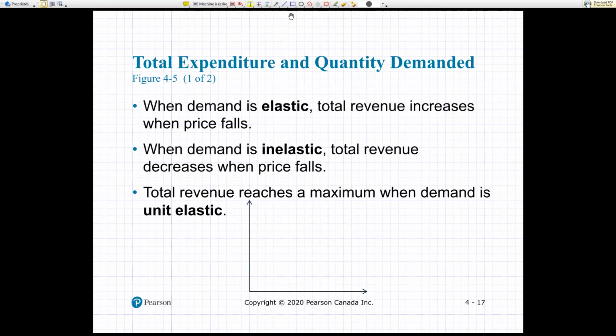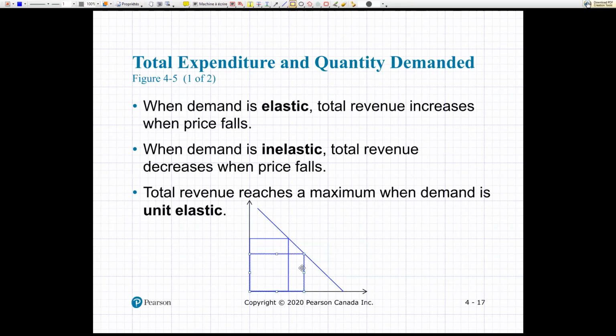All right. So imagine this is unit elastic, for instance. It's a 45-degree line, it doesn't have to be, but it's simpler to do that. Now I start here, and I go to here.